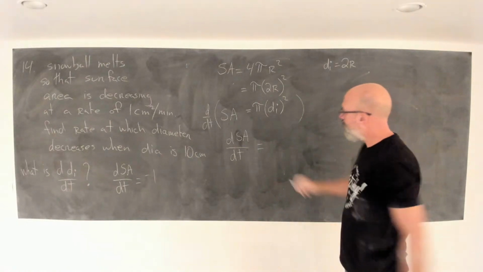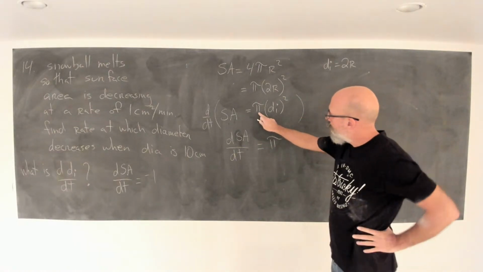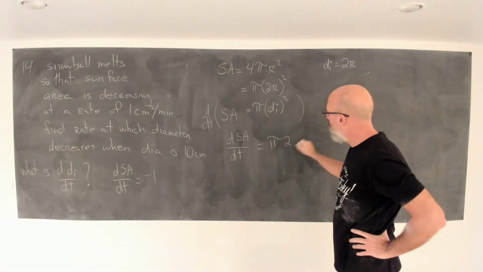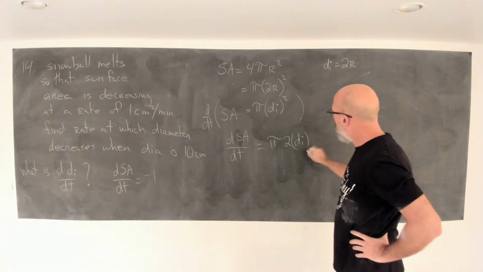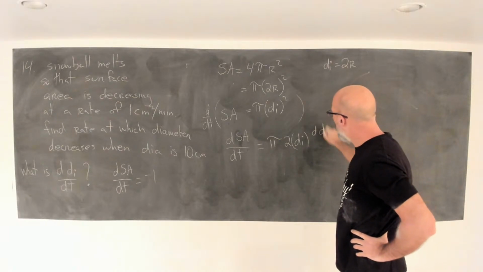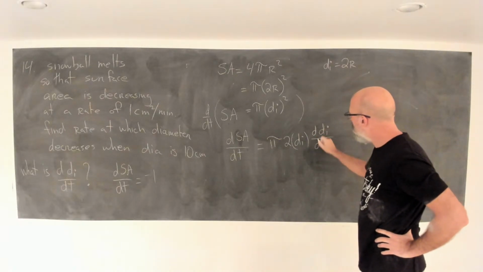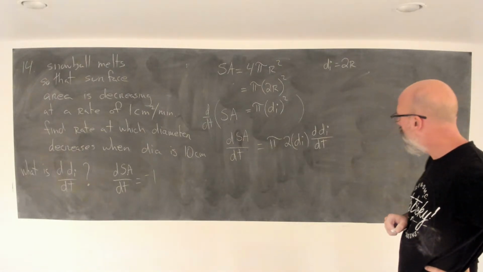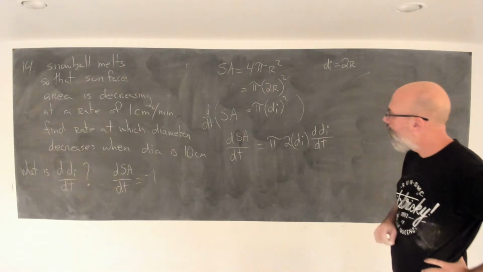Right-hand side, pi is just a constant. The derivative of this is something squared, so 2 diameter times the derivative of the inside, the derivative of the diameter with respect to t.